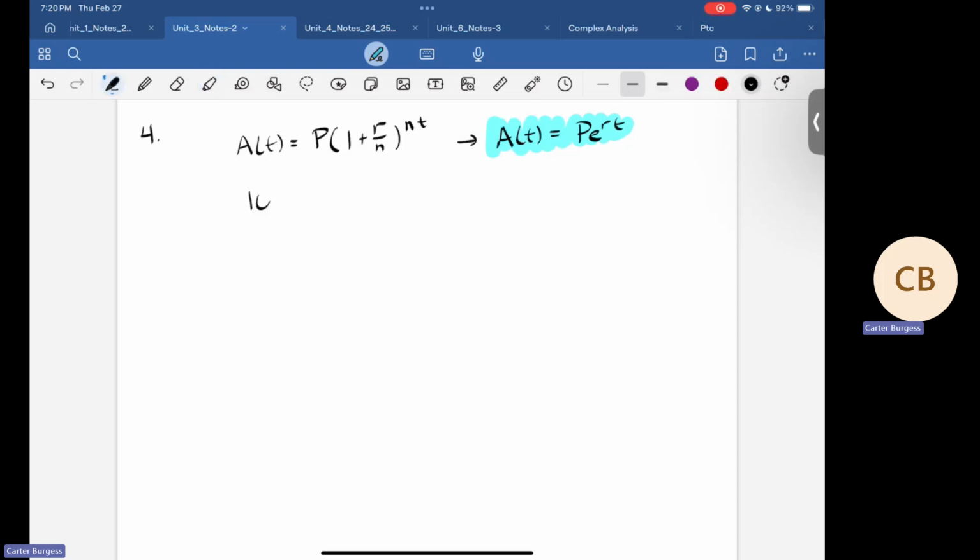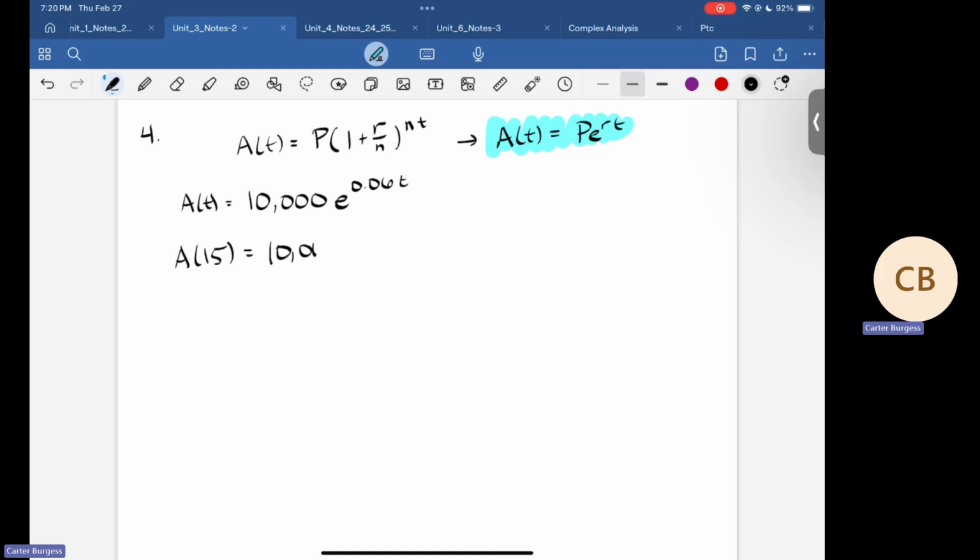So in this case, we've got 10,000. This is A of t equal to 10,000 e to the 0.06 times t. And A of 15, what happens after we plug in 15?